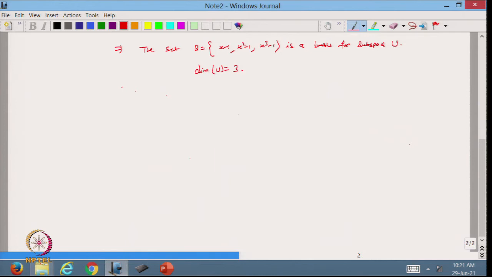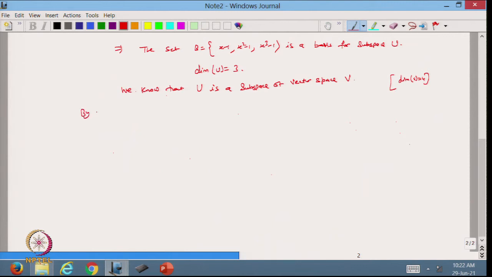Now, we know that U is a subspace of the vector space V, and I also know that the dimension of V is 4. So what I can do is extend this basis of U to a basis of V by the extension theorem.